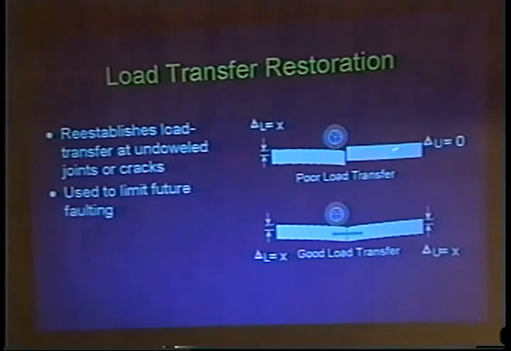This is actually zero transfer at this point, because where you have deflection due to that loading, in the next slab adjacent to it, there's no deflection. So that's zero load transfer. This is good load transfer because the deflection in your preceding slab and your following slab are the same, because in this case it happens to be a dowel placed in there across the joint. You have good load transfer. That's typically 100% load transfer.